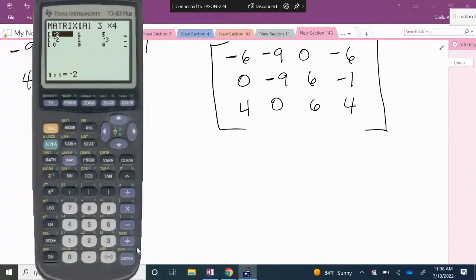I'm going to put in the coefficients, -6, -9, 0, -6, 0.